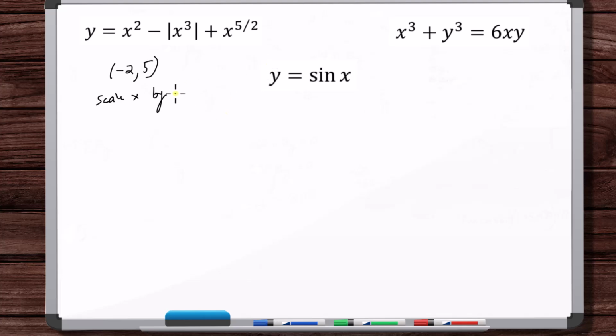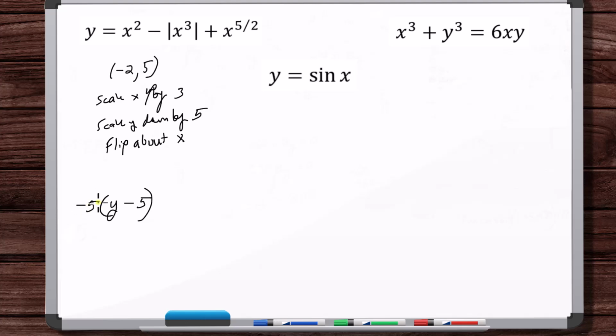So x up by 3, scale y down by 5, and then flip about x. All right, so we want to shift to the point +5 in the y, so y minus 5, and then we want to scale y down by 5 and flip about the x, so we want to put a -5 here.